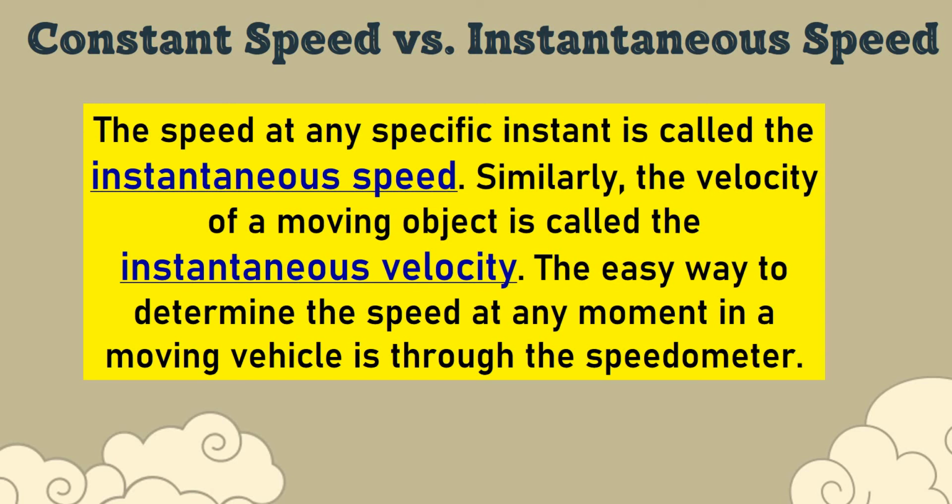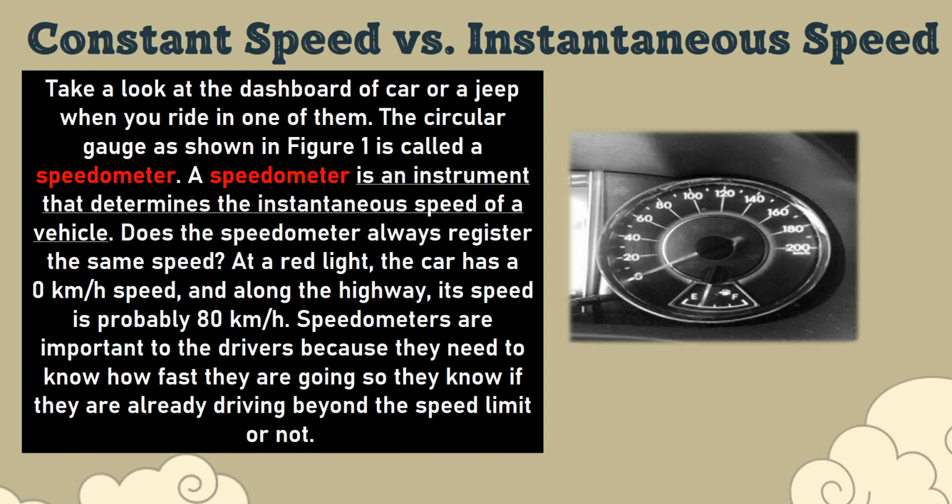The speed at any instant is called instantaneous speed. Similarly, the velocity of the moving object at any instant is called the instantaneous velocity. The easy way to determine the speed at any moment in a moving vehicle is through the speedometer. Take a look at the dashboard of the car or a jeep when you ride in one of them.